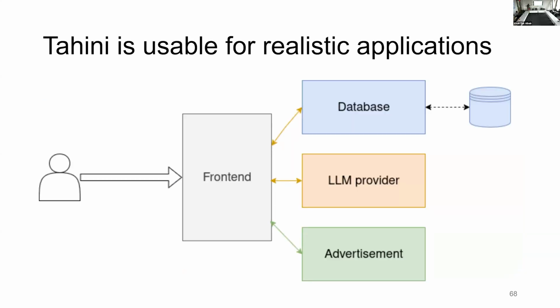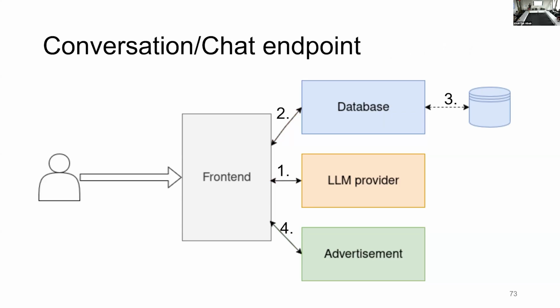This would be the policy schema. The front-end service would communicate with the LLM provider and the database using some set of policies. The advertisement service would use a different set of policies that is advertisement specific. Let us look at one end-to-end application flow, using this conversation/chat endpoint.